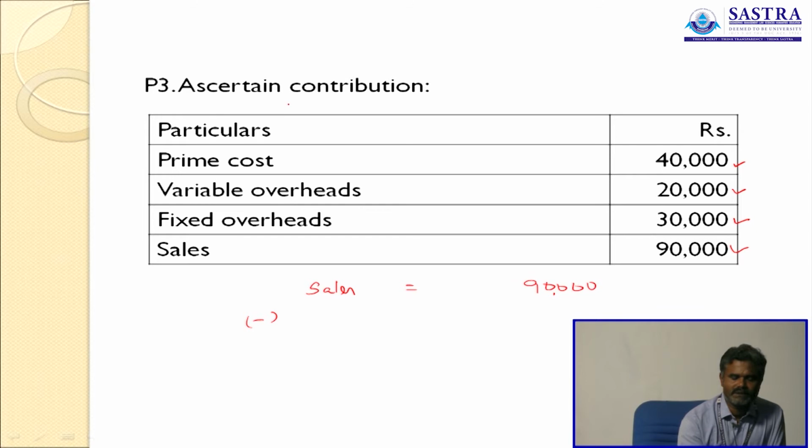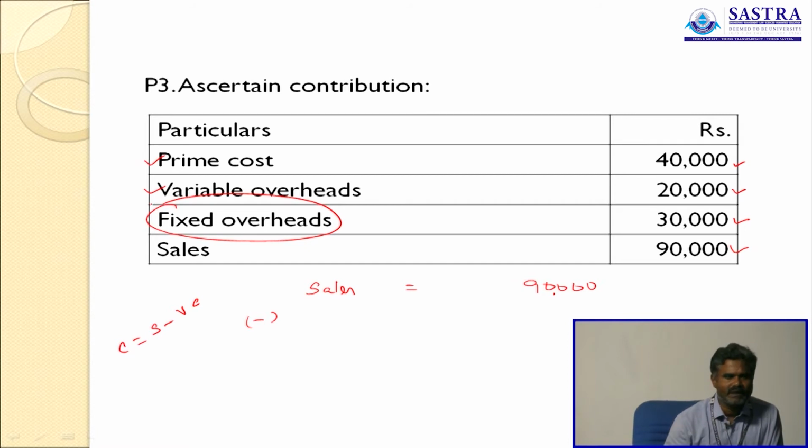What is the question? Find out contribution. So contribution equals sales minus variable cost. Here both costs are given, prime cost, variable cost and fixed cost. Here you will not consider fixed cost because they ask you to ascertain only contribution.